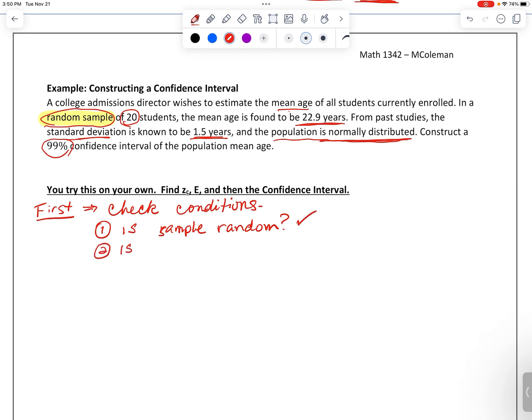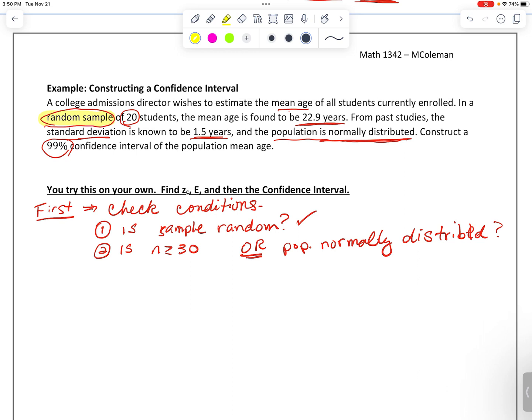The second thing is n greater than or equal to 30, or the population normally distributed. So I have to check that one. It's an or statement. So again, if I look back at my problem, it says that n in this case is only 20.